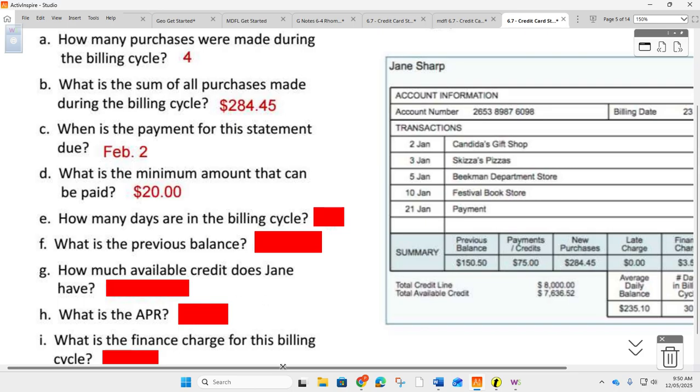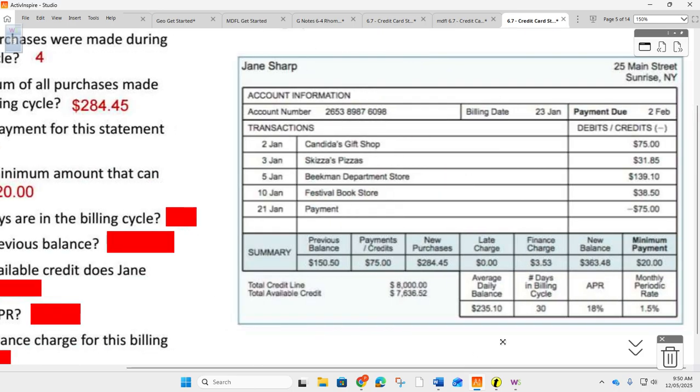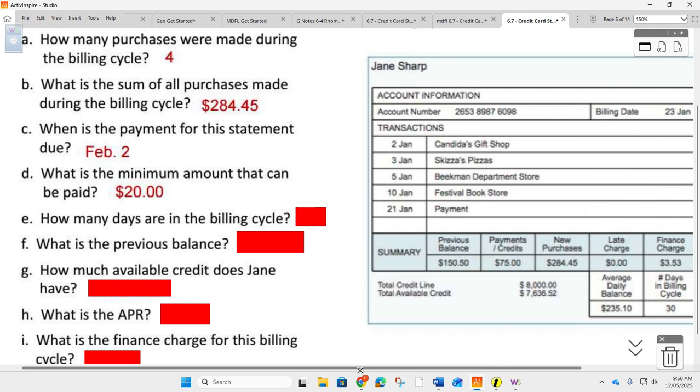How many days are in the billing cycle? What's it say on there? How many days in the billing cycle, Trey? Yep. What's the previous balance, Ariel? $150.50, right? How much available credit does Jane have? Kevin?